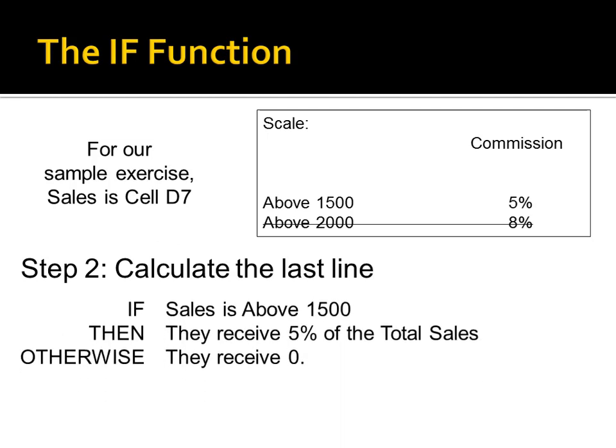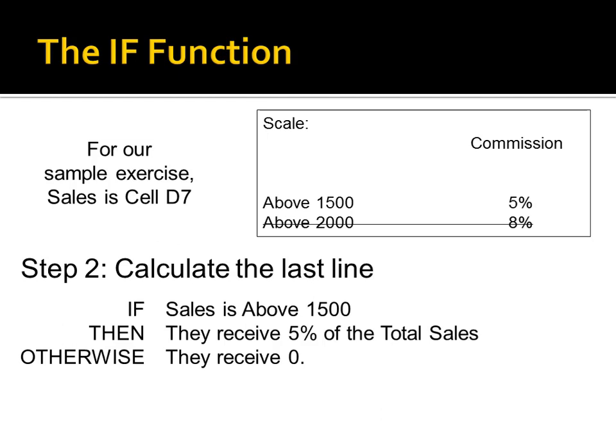This is our if, then, otherwise chart. If the sales is above 1,500, then, that's my comma, they receive 5% of the total sales. Look over to the right in your commission in the scale at the top. And yes, they will get 5% of their total sales.